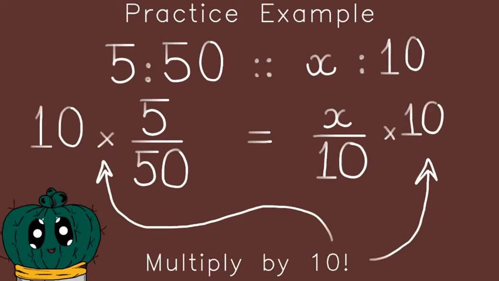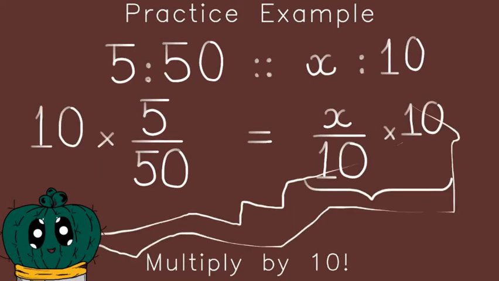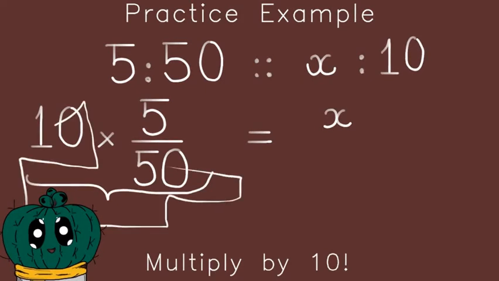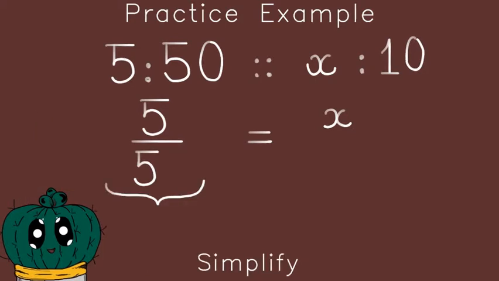The 10s on the right hand side cancel out because one is in the numerator and the other is in the denominator, leaving us just with x. On the left hand side, the 10 and 50 can cancel out: 10 times 5 is 50, so we have 5 in the denominator, and 5 divided by 5 equals 1.